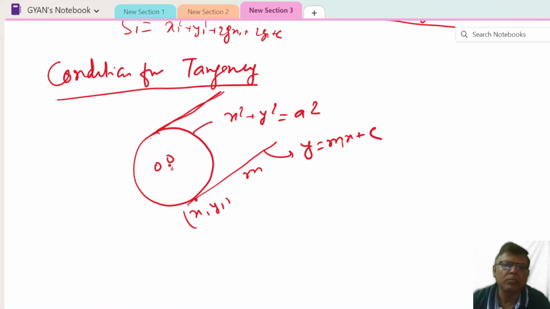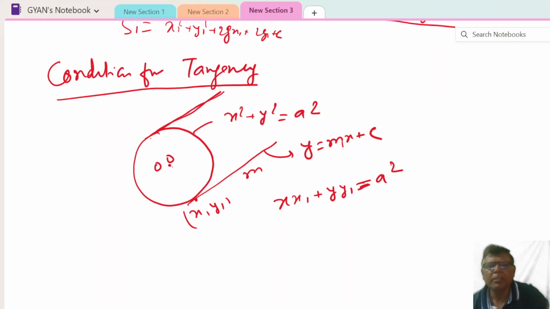So the equation of the tangent will be x x1 plus y y1 minus a square is equal to 0. This is the tangent.